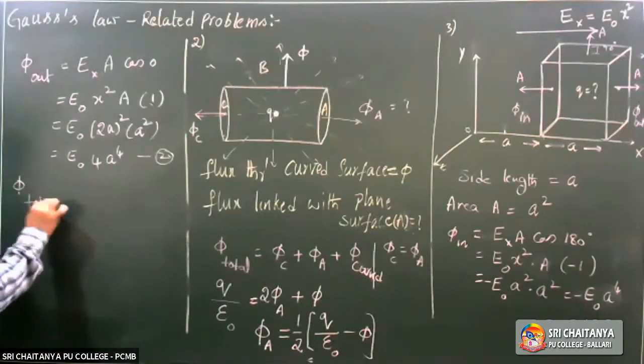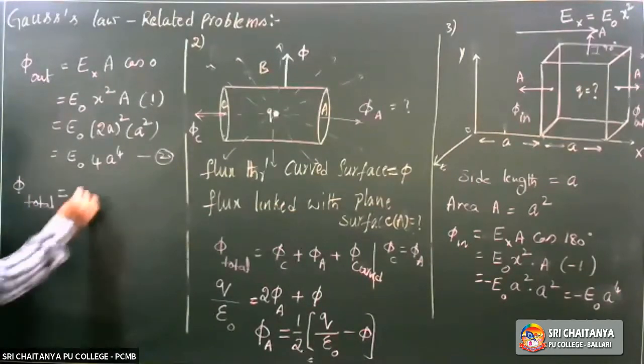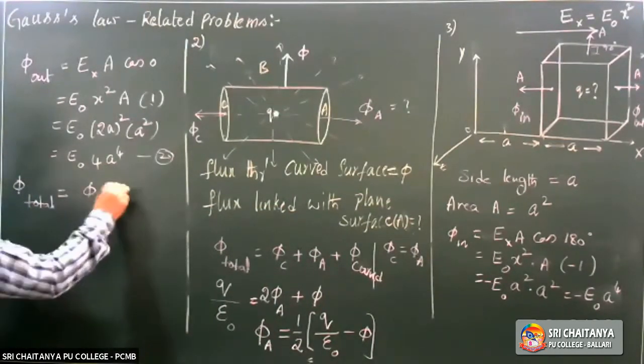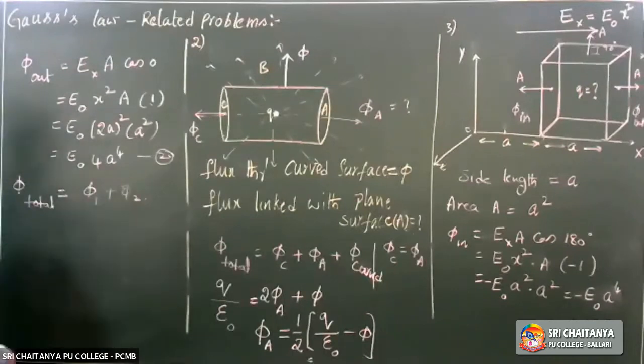Then what is the total flux? Phi total, we know phi total is phi 1 plus phi 2.